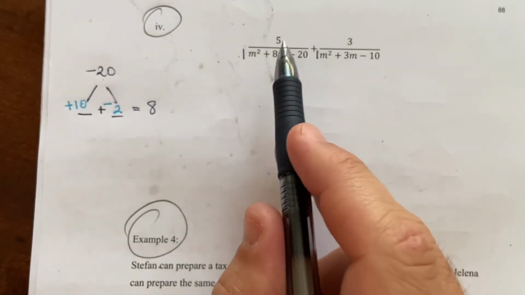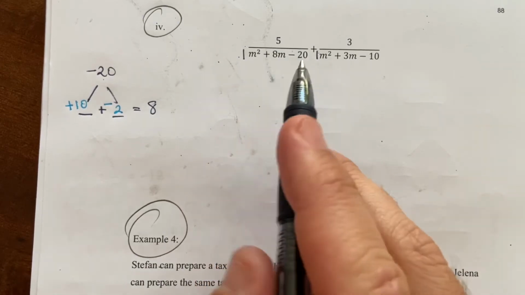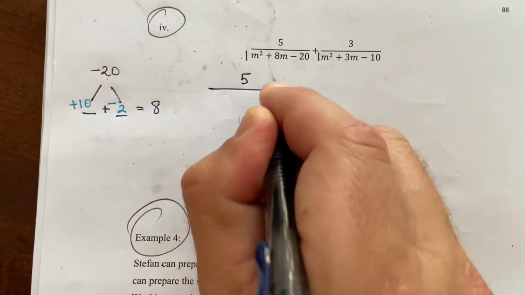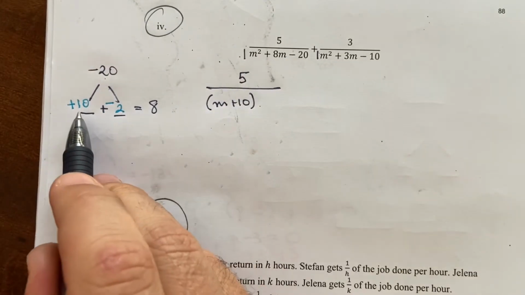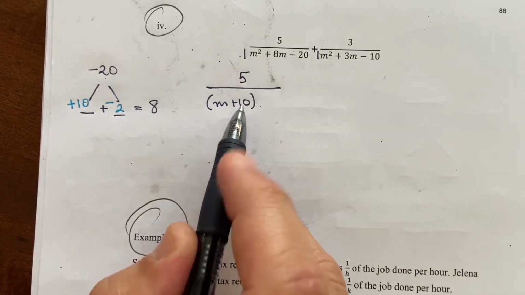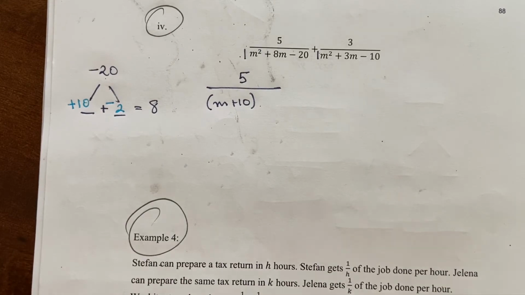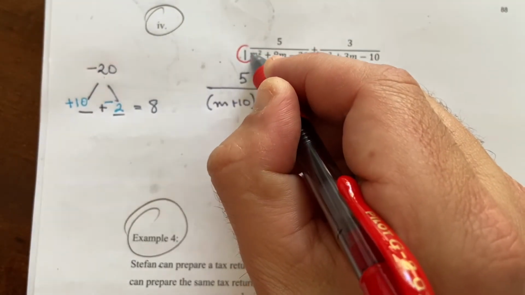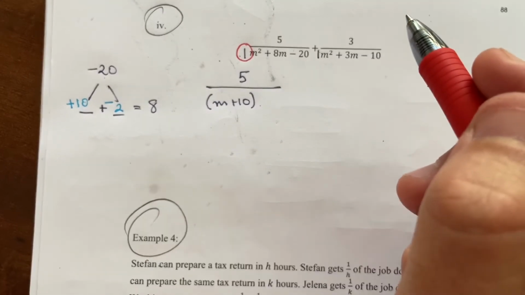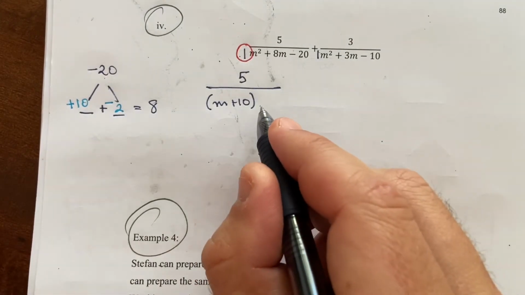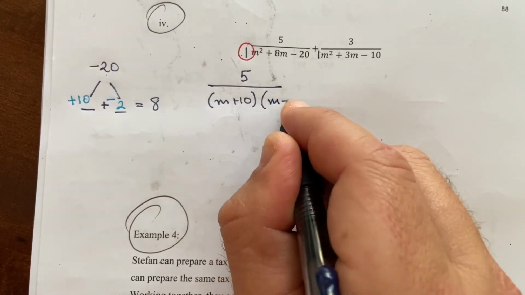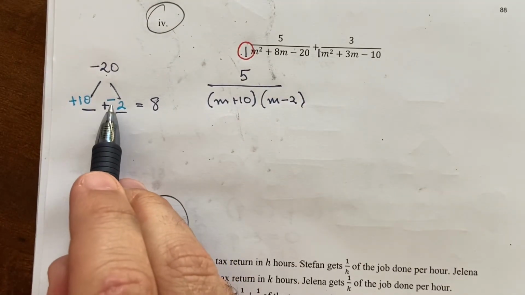After I have that, I can quickly write down the factorization. So it'd be 5 over m plus 10, right? This number is just coming directly into the factorization. Again, it's only true if there's a 1 here. If there's a 2 there or a -1 even, you have to go through those grouping steps. And then I'll have m minus 2, this -2 here.